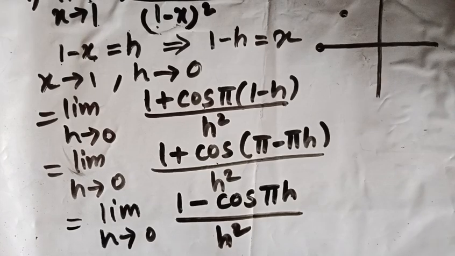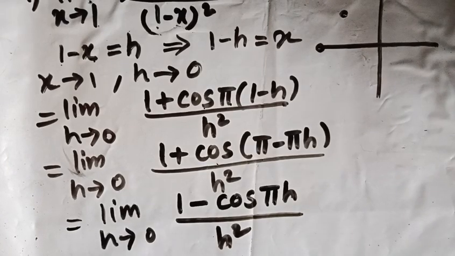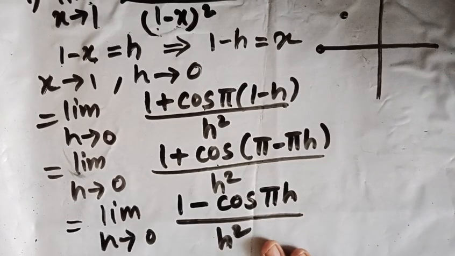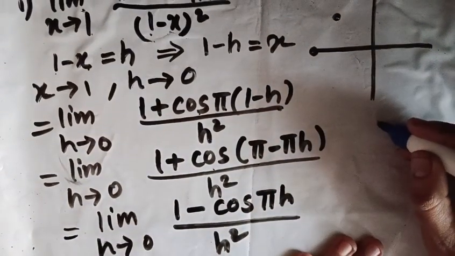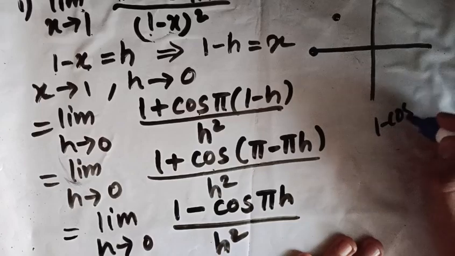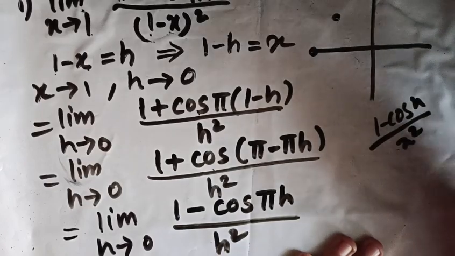Now here h square is given. We can make use of the trigonometric limit, that limit as x tends to 0, 1 minus cos x upon x square is half.